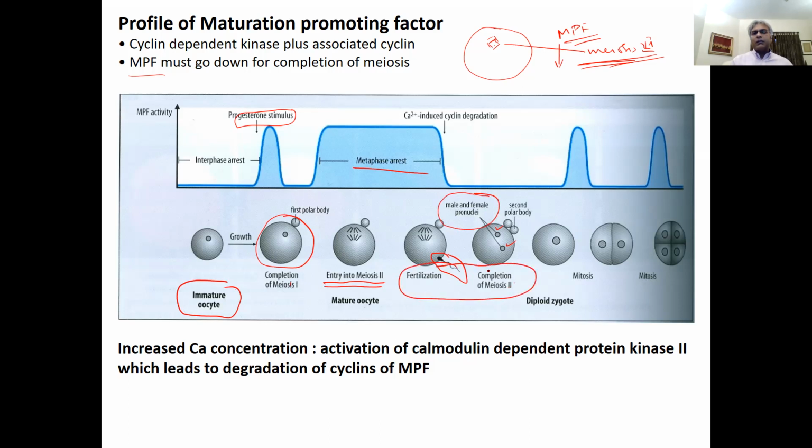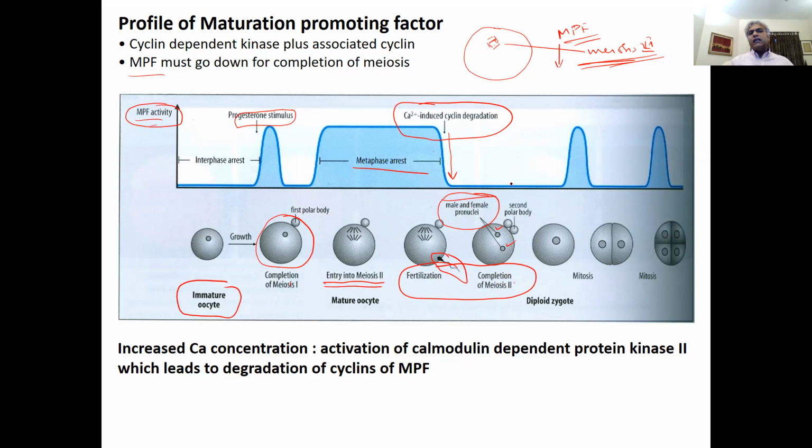Completion of meiosis takes place, and that is what coincides with the wave of calcium. So this wave of calcium leads to degradation of MPF activity. So loss of MPF activity brings down MPF, the arrest is released, and the process of fertilization is complete.